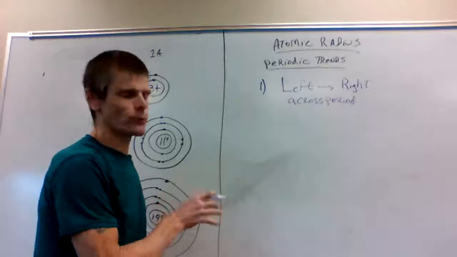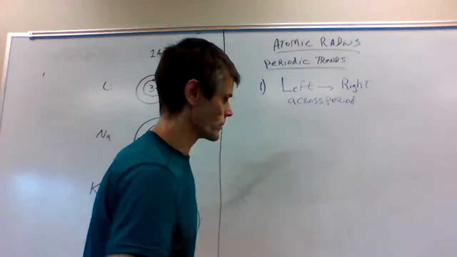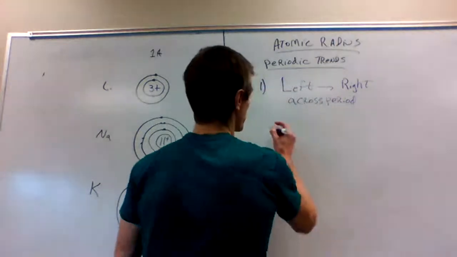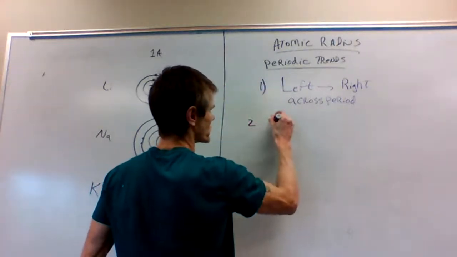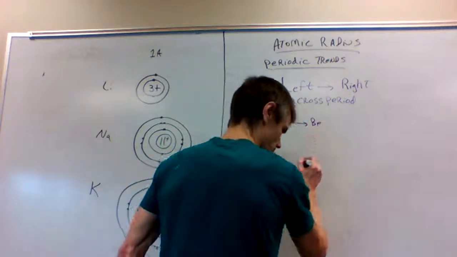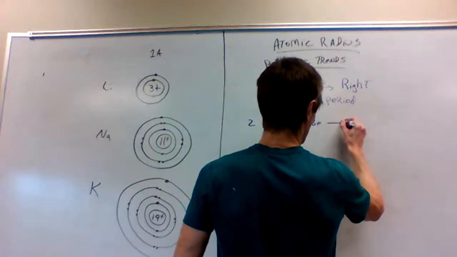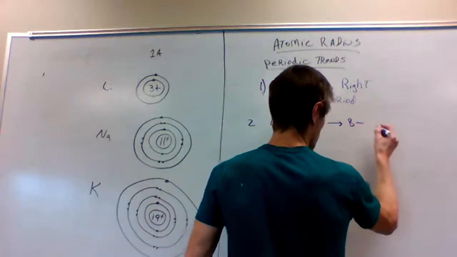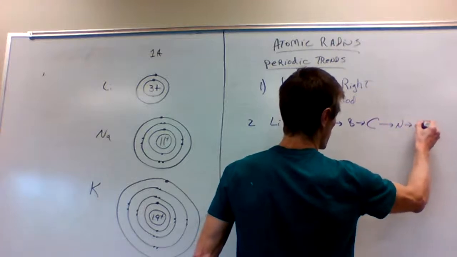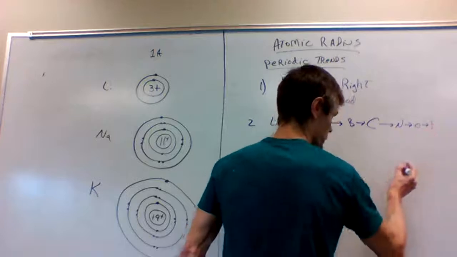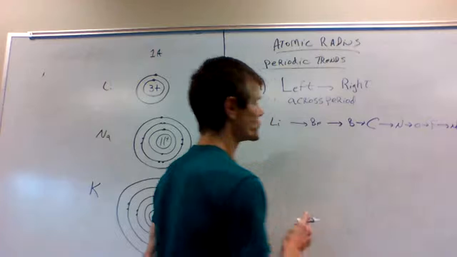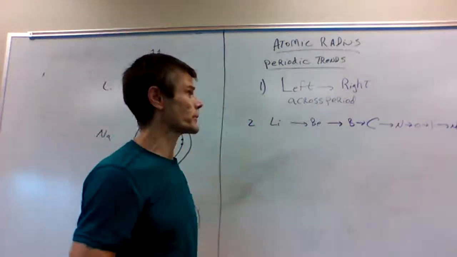So if we go from left to right across a period, let's look at period 2 elements. Remember, we talked about period 2 elements: lithium, beryllium, boron, carbon, nitrogen, oxygen, fluorine, neon. So those are our elements going across period 2.